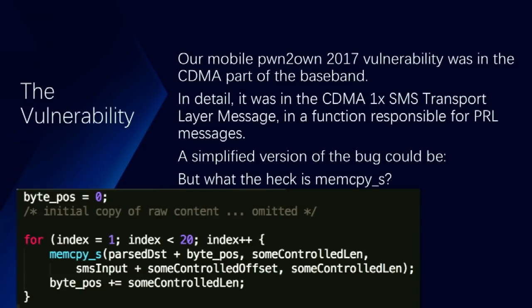Our Pwn2Own vulnerability was in the CDMA part of the baseband, specifically in a part called CDMA 1X SMS transport layer message, in a function that is responsible for a message called PRL. At the bottom you can see a very simplified version of the bug. But first, before we check the bug, we need to check what memcpy_s is.